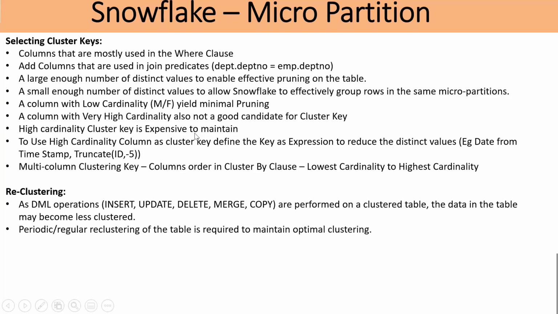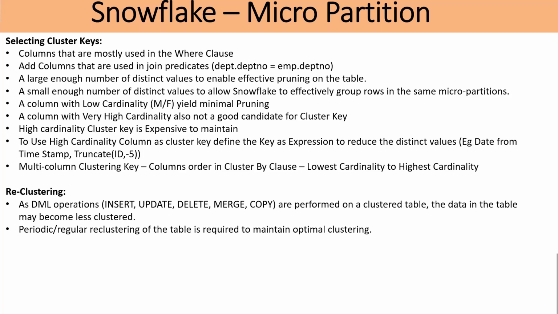The moment you do an update and modify the particular primary key, it becomes difficult for Snowflake to maintain. So remember, a column with high cardinality, meaning more distinctness, is not a good candidate, but a large enough number of distinct values, where the data is not all distinct, is a good candidate.